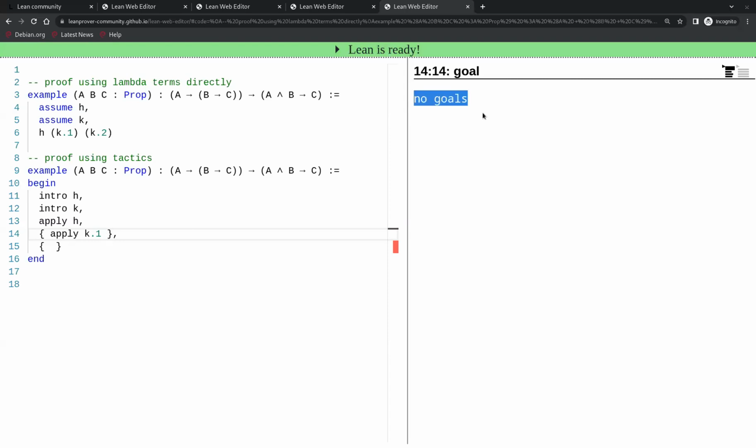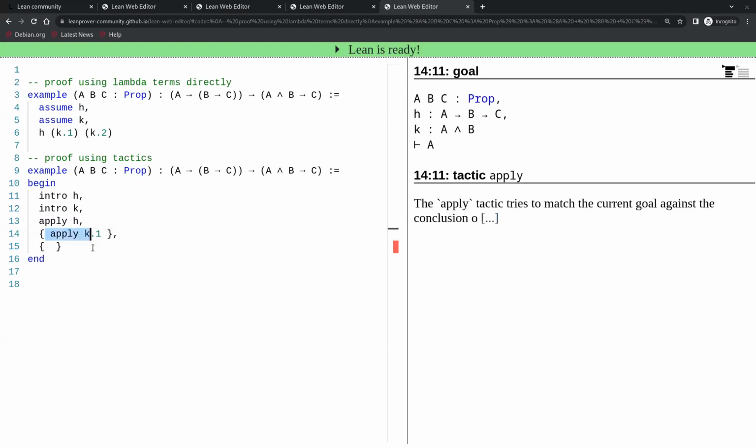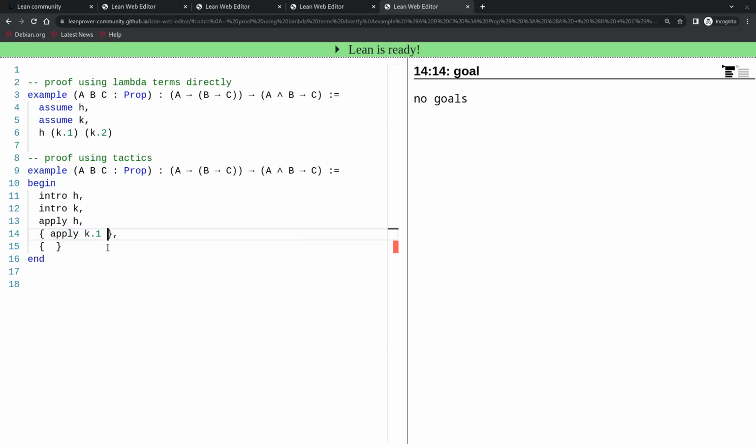We are shown here the message that no goals are left. That's only true in the sense that within the first subgoal, we have no goals left.